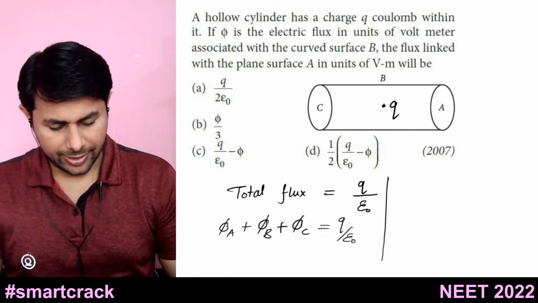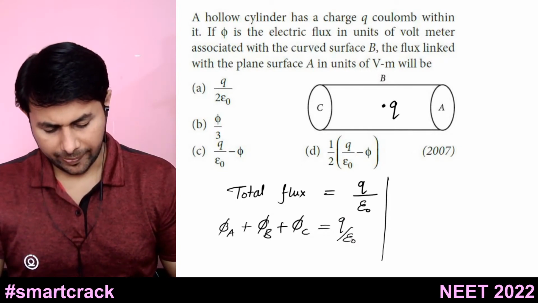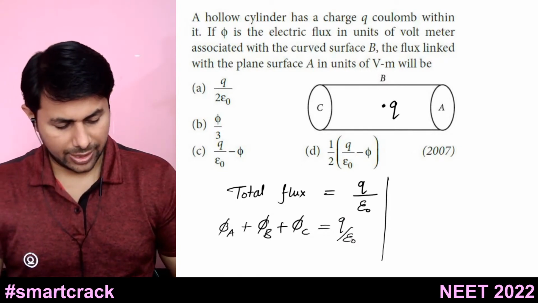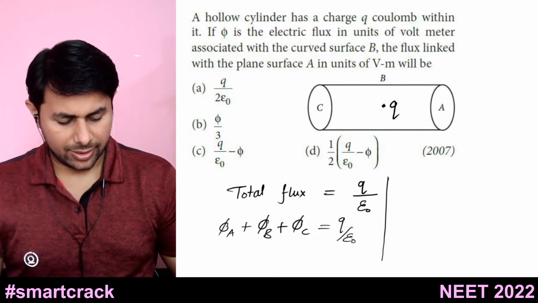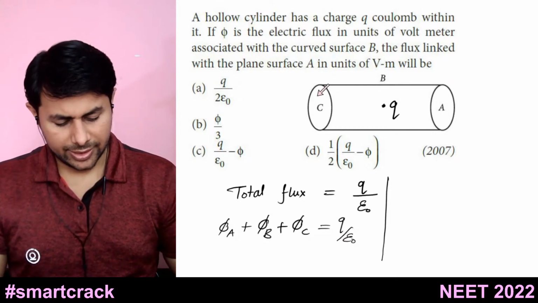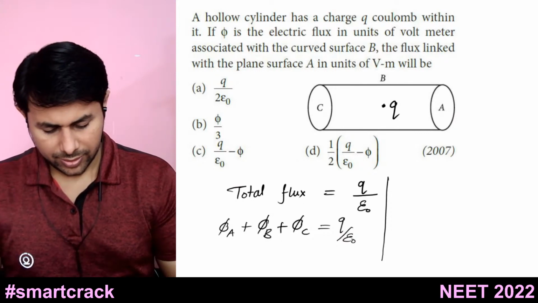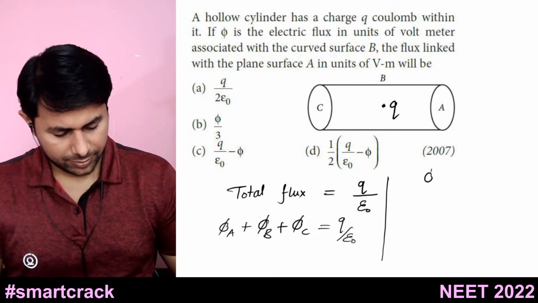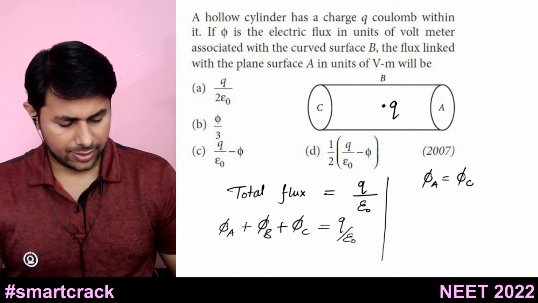And it is given that flux through surface B is phi, so phi B is phi. And we can say flux through A and flux through C are similar, because area of this surface and this surface is similar. So flux through A equals flux through C.